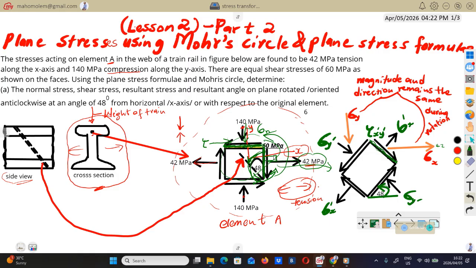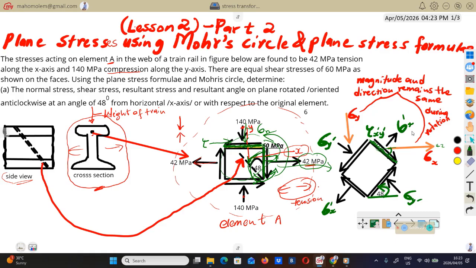So this one and this one form 90 degrees. Therefore, that's why we say this 42 is normal to this plane. But when it comes to this yellow force or stress together with this green plane here, this angle is not 90 degrees, it's an obtuse angle. So this green force is no longer normal to this green plane.